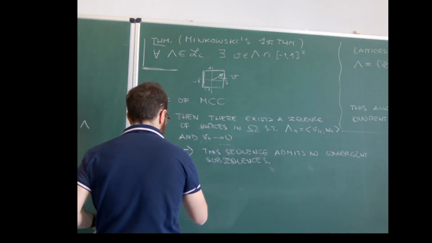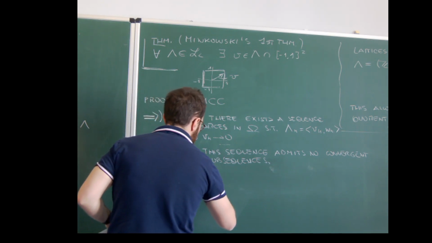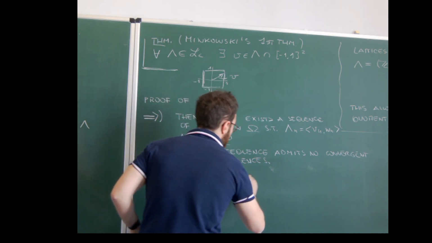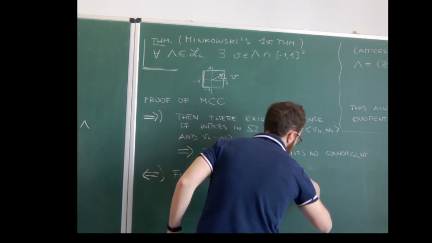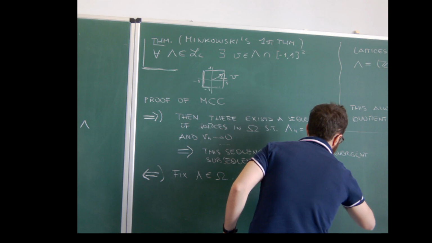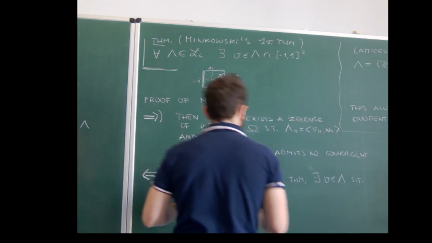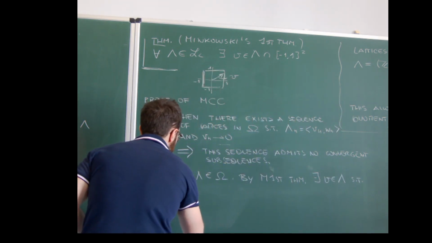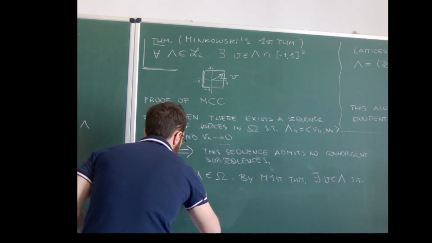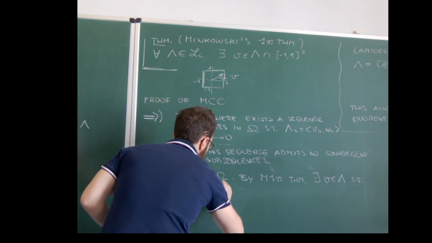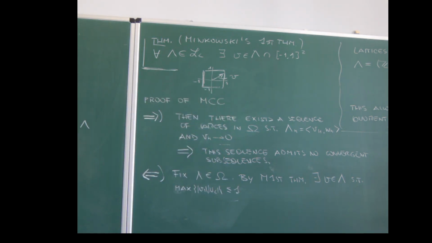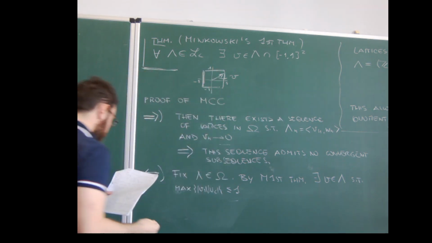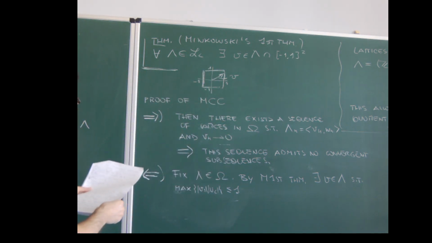By Minkowski's first theorem, there exists v in lambda such that the infinity norm, so max of |v1|, |v2|, is less than 1. Okay? So a vector lying in this square. Good.